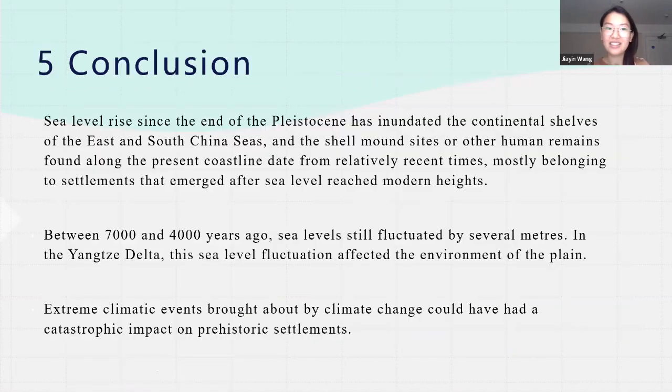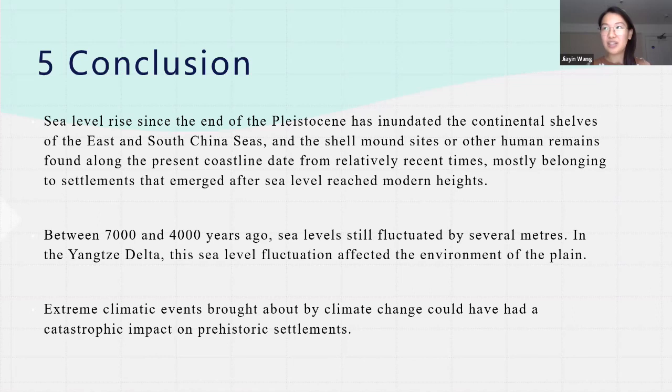So finally, we can draw some primary conclusions. First, sea level rise since the end of the Pleistocene has influenced the continental shelves of the East and South China Seas, and the shell midden sites or other settlement sites found along the present coastline basically date from relatively recent times, most belonging to settlements that emerged after the sea level reached modern heights.